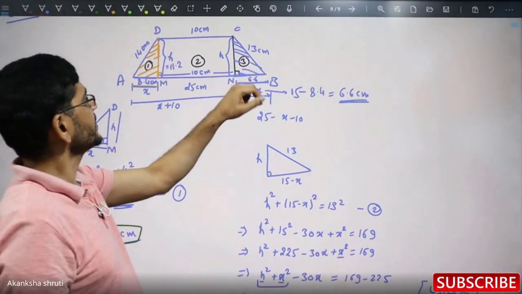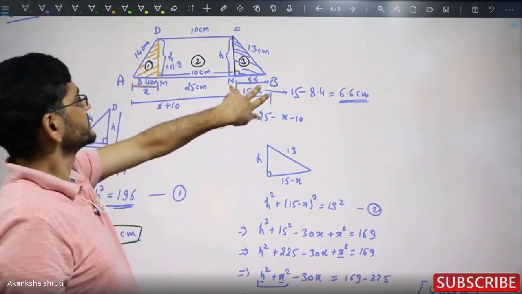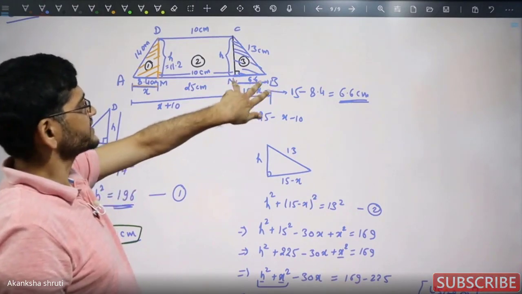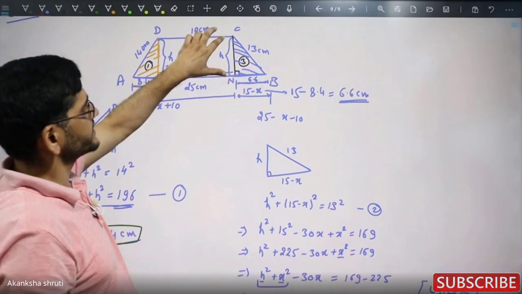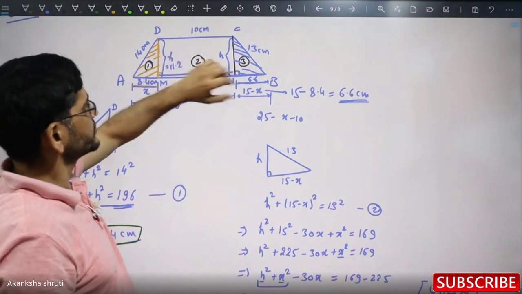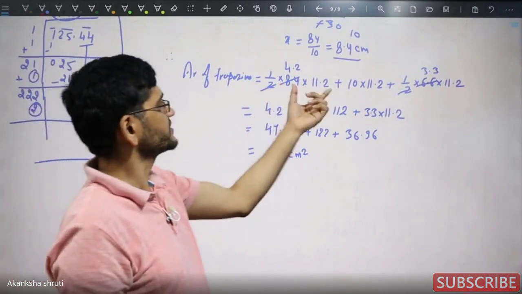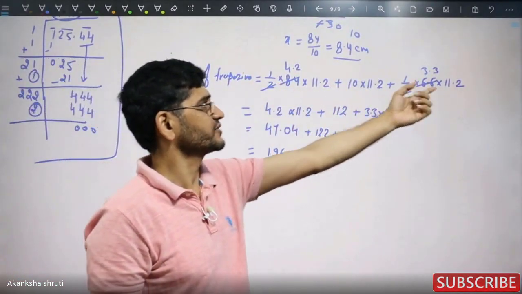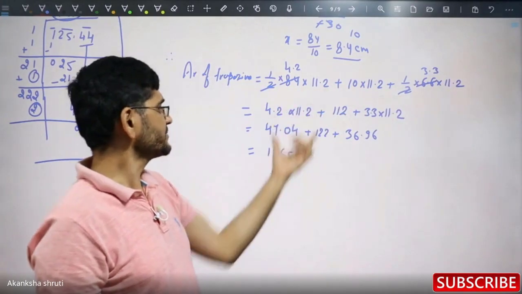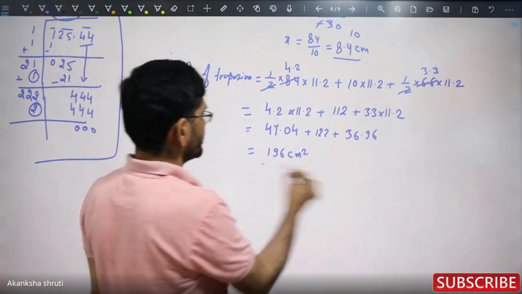For the third figure, the base is now 15 minus x, which is 6.6, and the height is 11.2. So substituting this, half into base into height, and on simplification we get the result as 196.